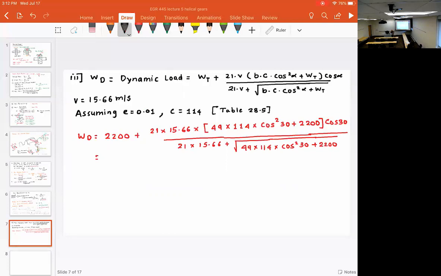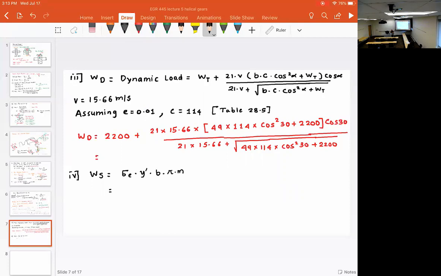Next step is to find out WS. For WS, we have to find out sigma E multiplied by Y prime multiplied by B multiplied by pi m. So WD will be in newtons. It's a force.